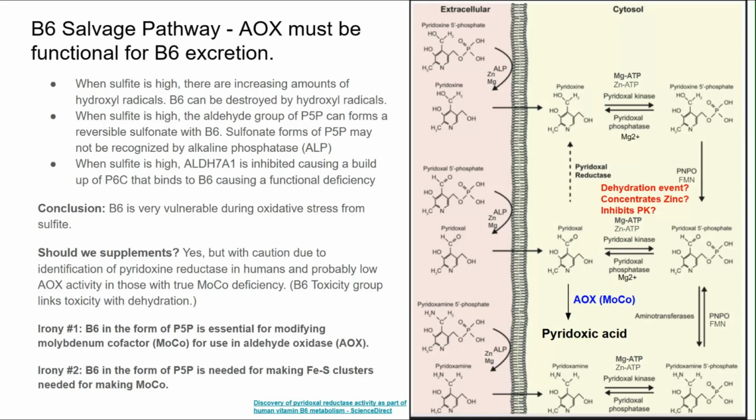I myself was concerned about my very high blood B6 levels. I did a whole video on it. And then I only supplemented with 5 milligrams of P5P for over 2 years. And I didn't get better, I got worse.